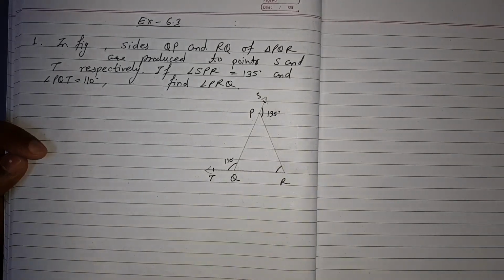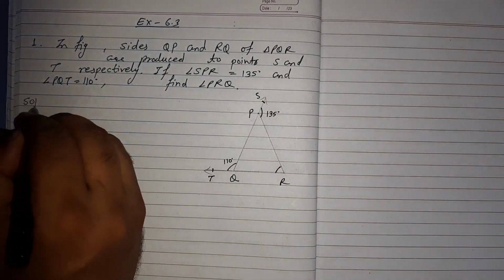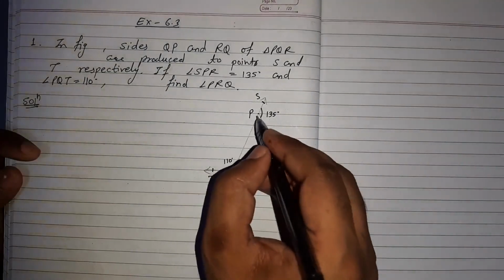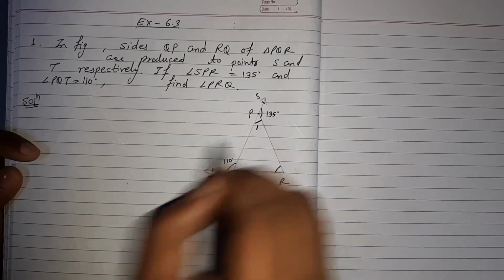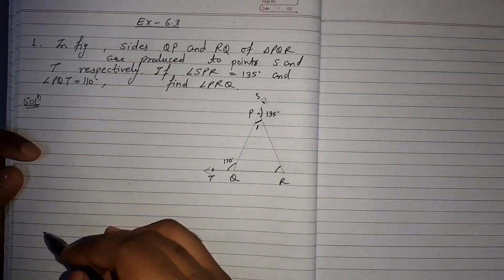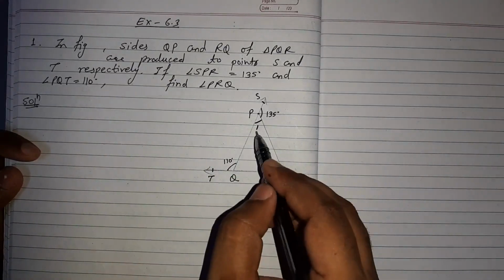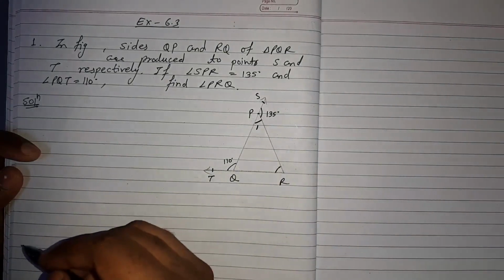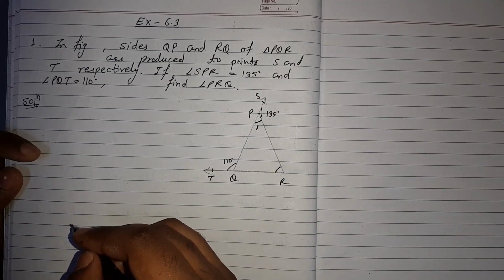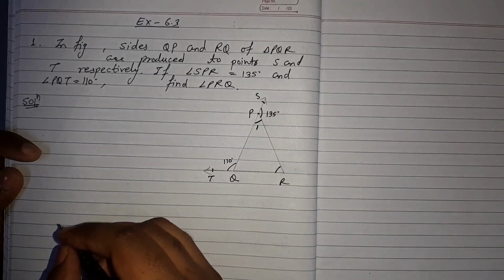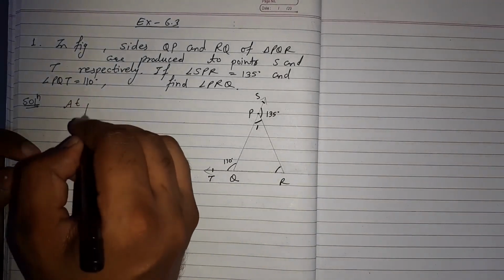The solution is: at the point P, suppose this angle is 1. At the point P we can use the linear pair, angle 1 and angle 135. The sum of these two angles is equal to 180 degrees by using linear pair.